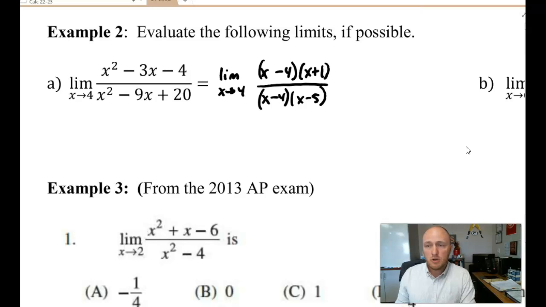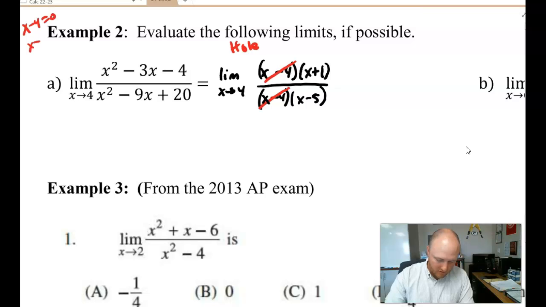And lo and behold, look what we have, top and bottom. I have a factor that cancels. Hopefully in your pre-calculus course or your accelerated pathway, you recognize that there is a hole at that factor, x minus 4. That process would be to set x minus 4 equal to 0, solve, and at the x value 4, we have a hole.